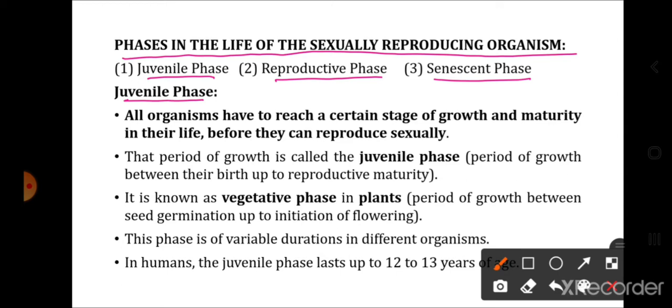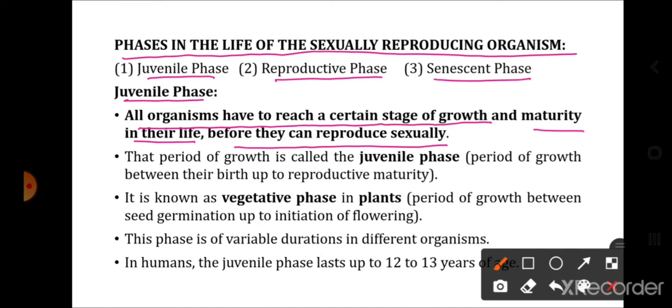So, basically the growth period is called the juvenile phase. All organisms have to reach a certain age of growth and maturity in their life before they can reproduce sexually. Before the organisms become capable of reproduction, they pass through stages of growth and maturity.